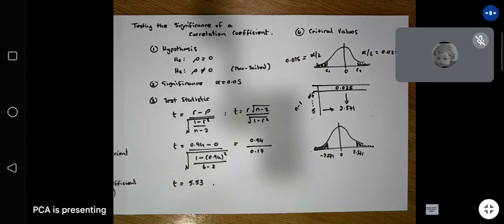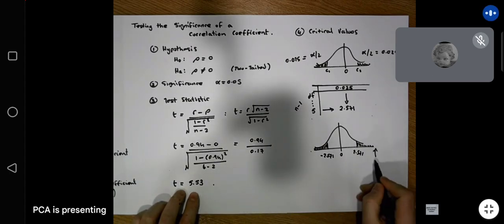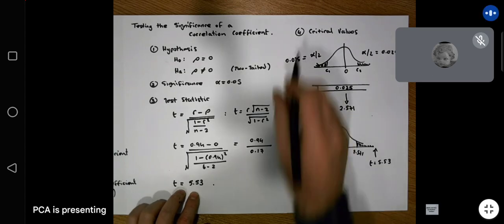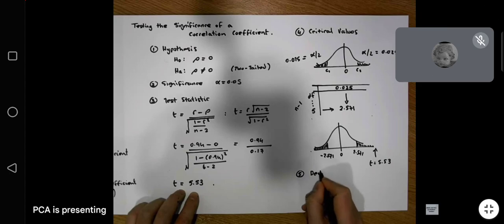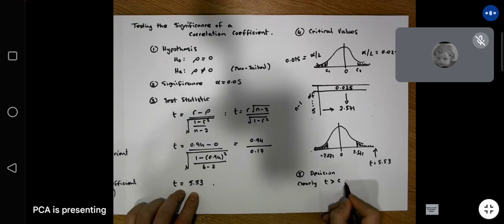Okay, so we can see that our t statistic is 5.53. So our t statistic falls into this tail here. T is equal to 5.53. So it falls into the rejection region. So we know to reject. So our decision, step 5, our decision is, well, clearly our t value is bigger than our critical value.